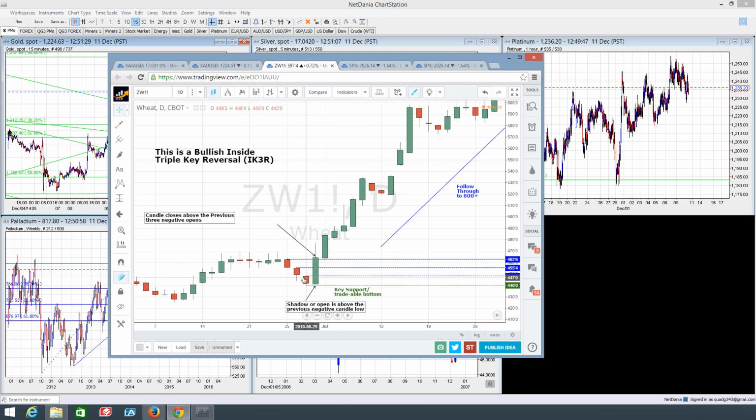For example, if this reversed and came up and closed, say right here at 451, that would have been a simple inside key reversal. That by itself may not have been enough to take action on. It would have been better for the market to come up and close at least above two previous negative candles for an inside double. An inside double is about the same potency as a single OKR.